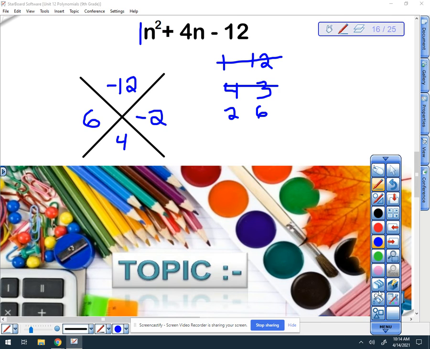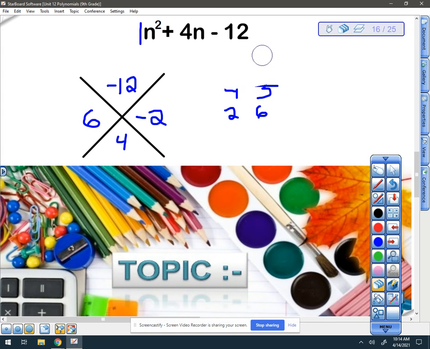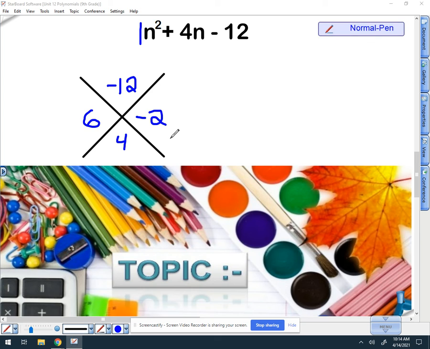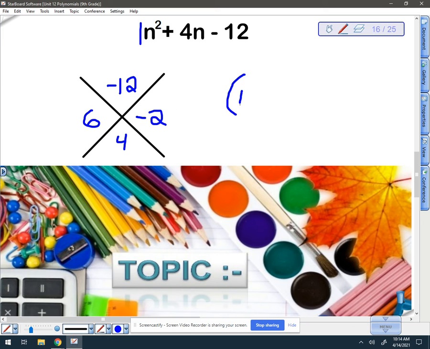So that works. Whenever you have a minus, you're going to have to think a little bit more out of the box and figure out, okay, what if one of them is a negative? How could I combine them that way? And then this part, easiest part, write your binomials. This time we used n. You have a positive 6, and you have a negative 2.